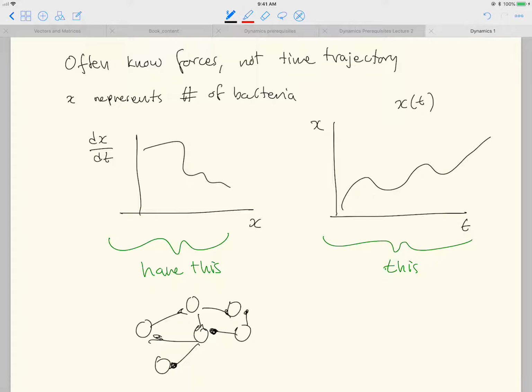Let's say that you wrote a vector that represents the firing rate or the activity of each neuron. So this vector would have as many elements as there are neurons.